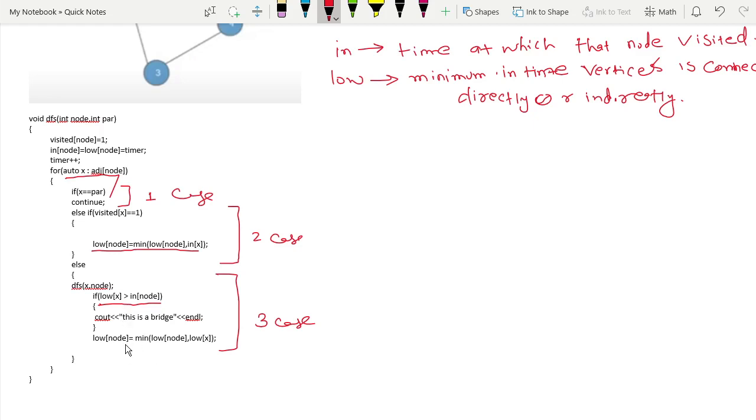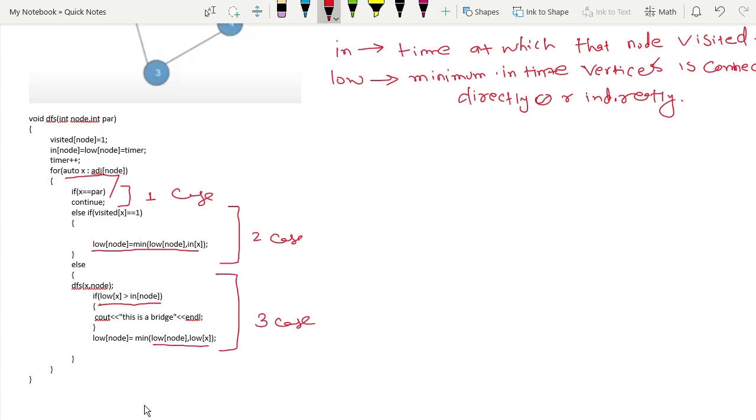I will explain in the example above. Wait, just see this now. If it is that, then this is a bridge, and we will update the current node also, by the minimum of the low time of the node and the low time of the child.